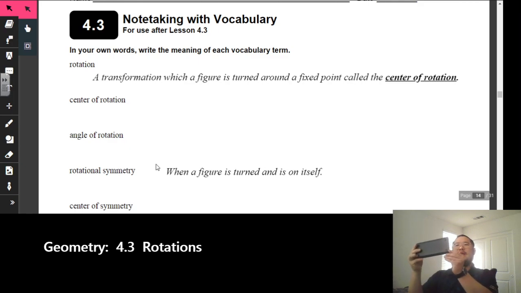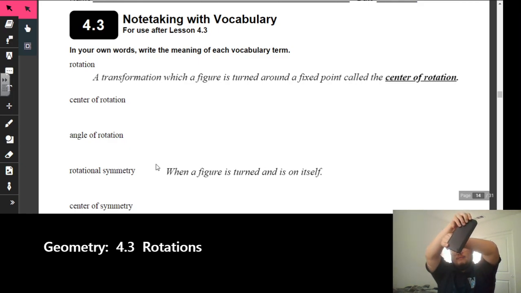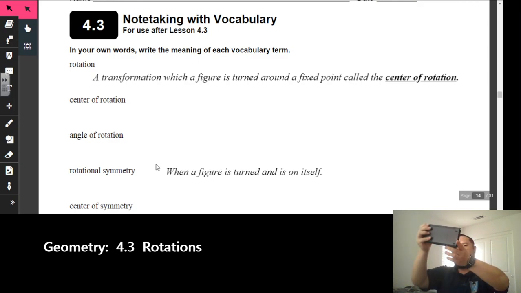So once again, if I rotate this calculator around my center of rotation and turn it 360 degrees, it'll turn onto itself. Take a look at center of symmetry as we scroll down right here.